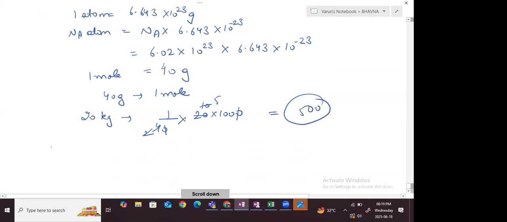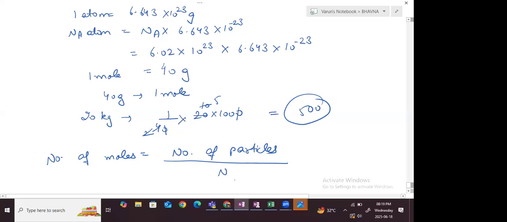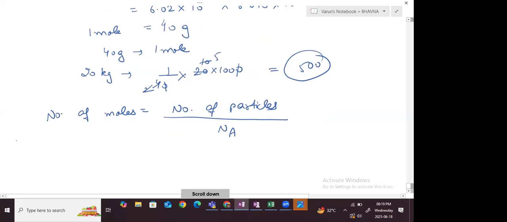One more formula to find the number of moles when the number of particles is given to you is number of particles divided by the Avogadro number. Now I'm going to give you one more question.